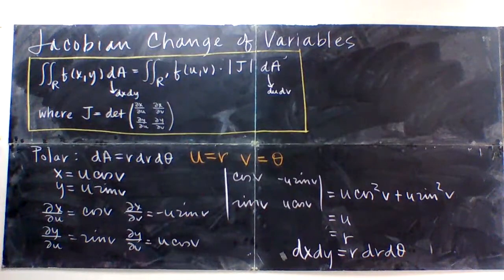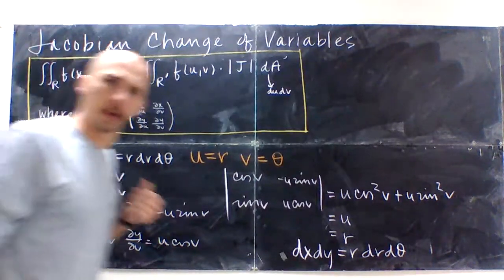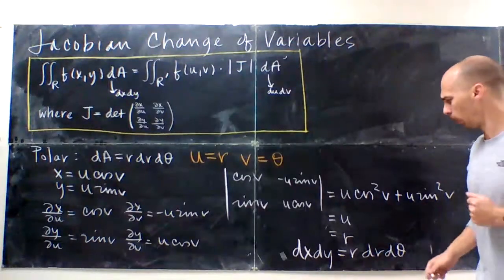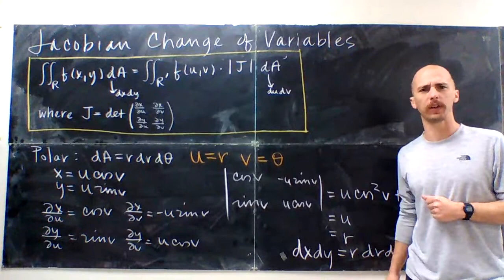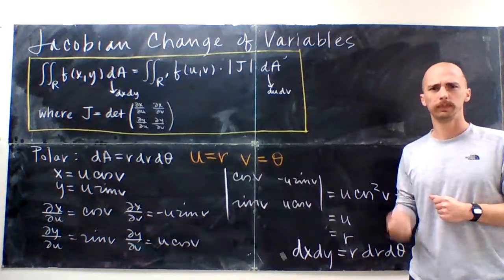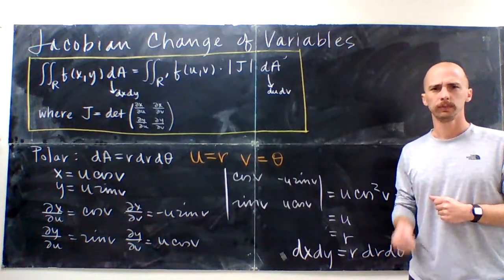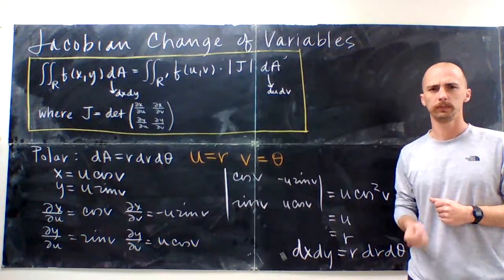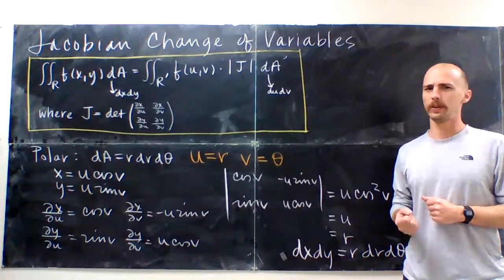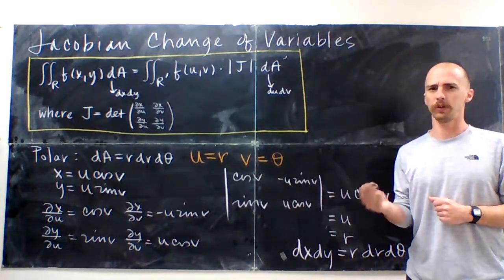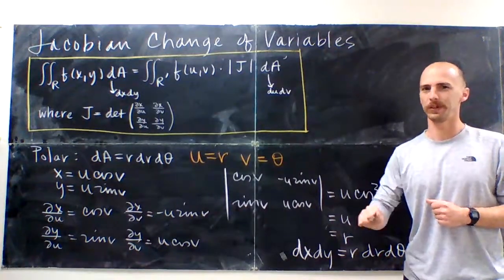I have not thought about that. Well, that's a real thinker. I have not thought about why we don't take the absolute value of r in this case. It might have to do with the nature of the polar substitution not flipping your region.